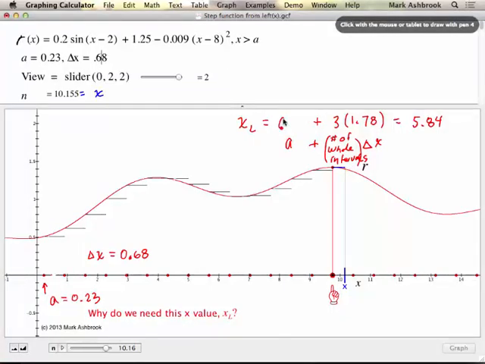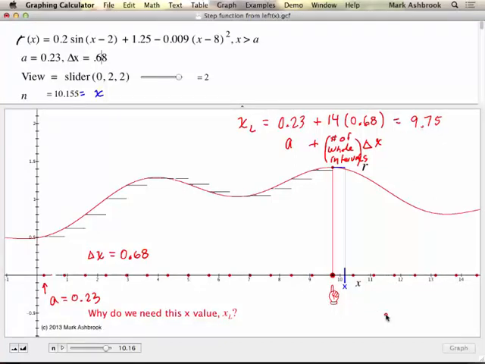So this time we got 0.23 plus 14 times 0.68, and that was 9.75. Looks about right.